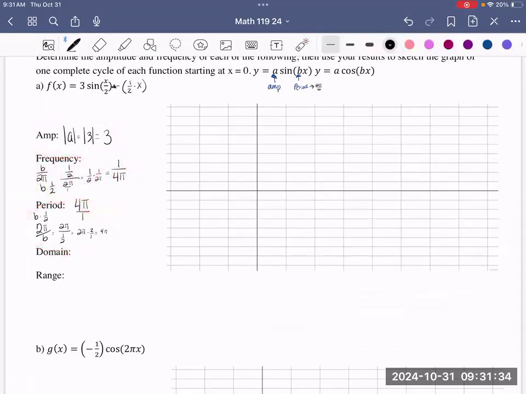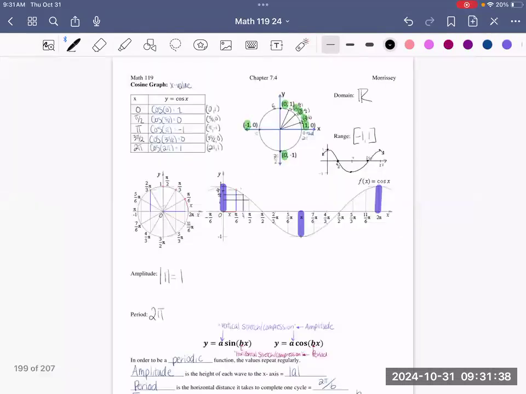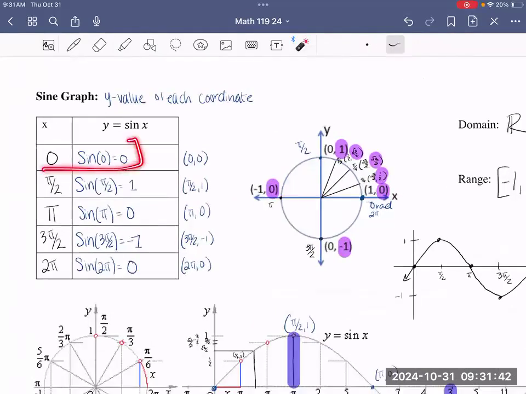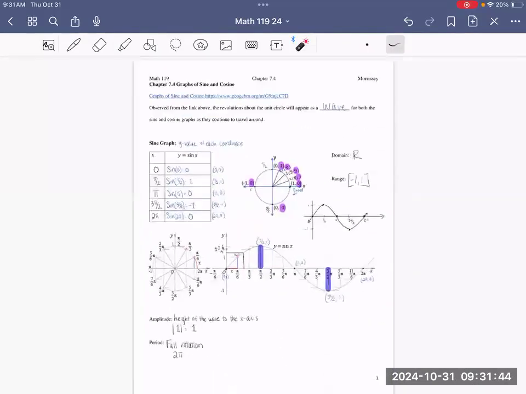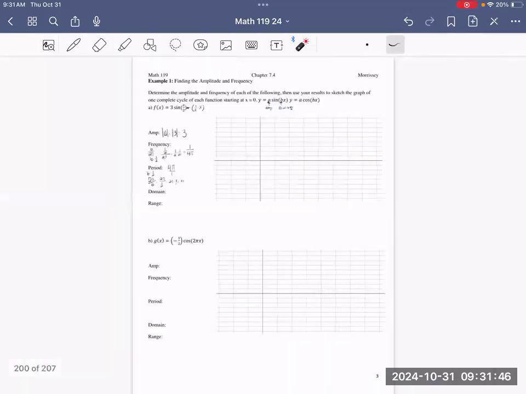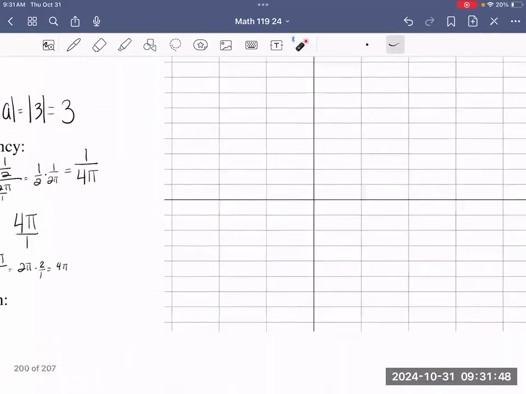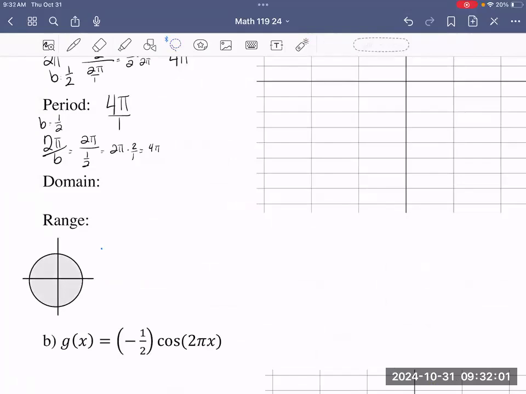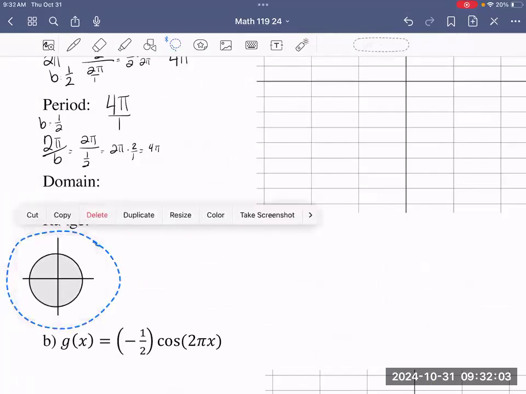Now, does sine start high or low? Well, sine starts low because if we were to evaluate sine of 0, it's going to be just 0. So we're going to be starting at your origin here. And if we want, we can make a quick little dummy graph, and if we were confused as to what your graph looks like for sine, just make a quick sketch of the unit circle.